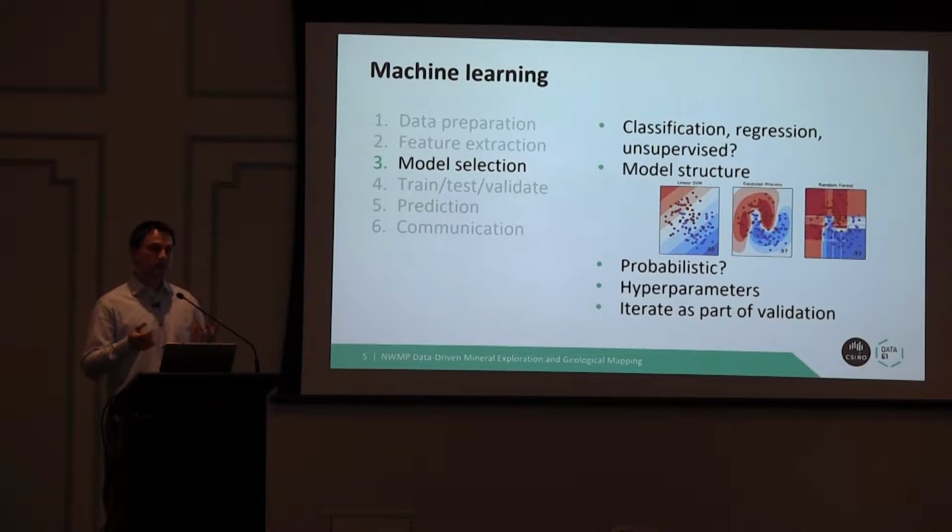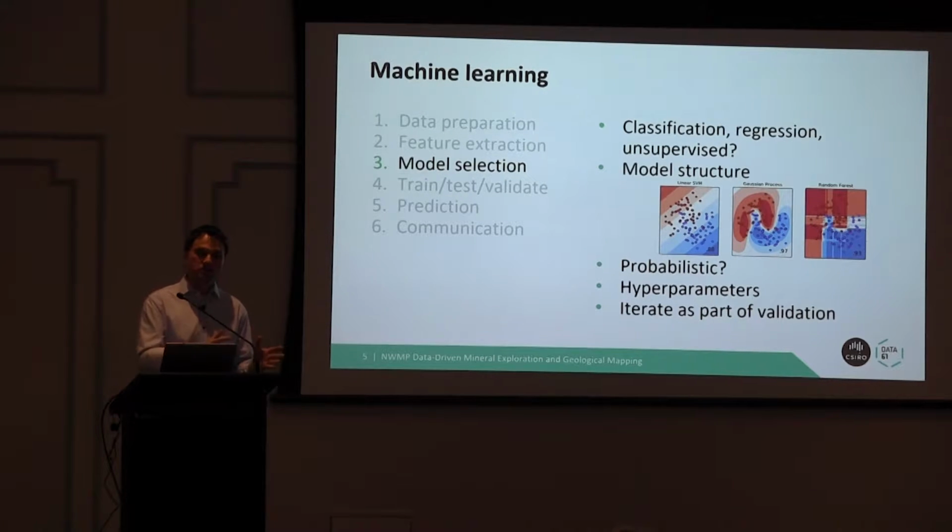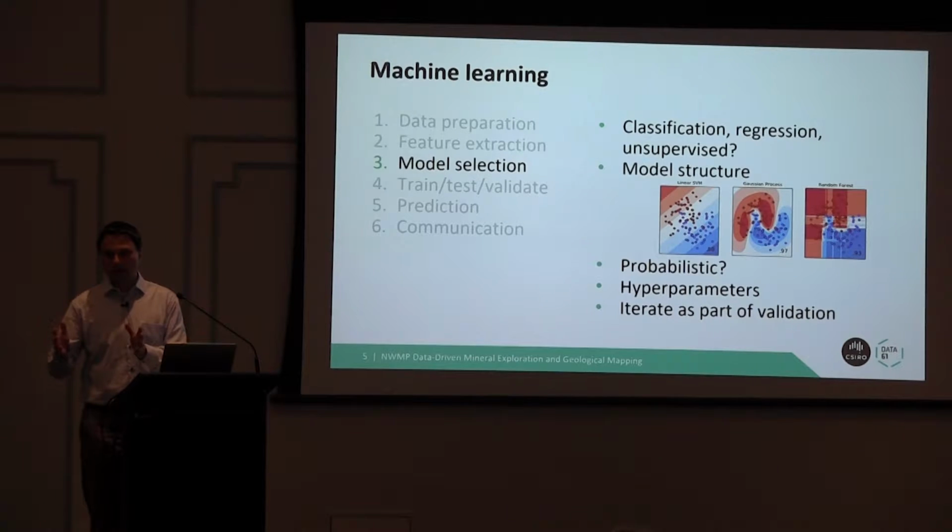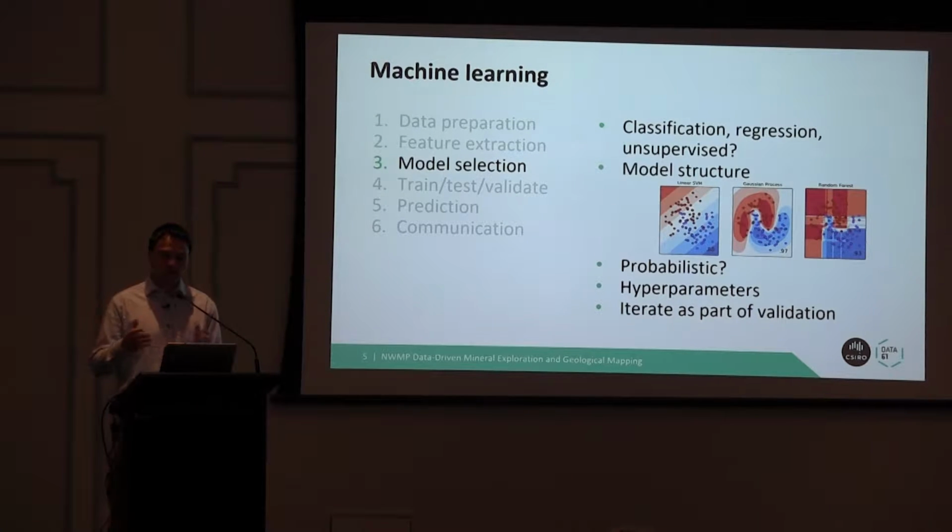Now, more and more, these algorithms are used as probabilistic, so they not only give us a prediction, but also an uncertainty measure on the prediction, which then helps us, of course, say, are we somehow true or not?